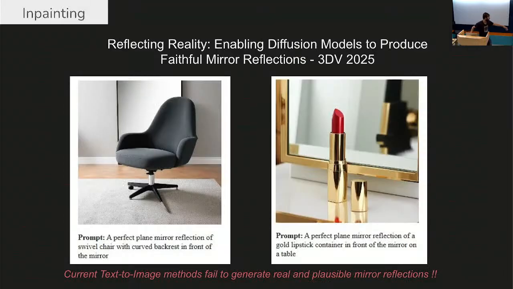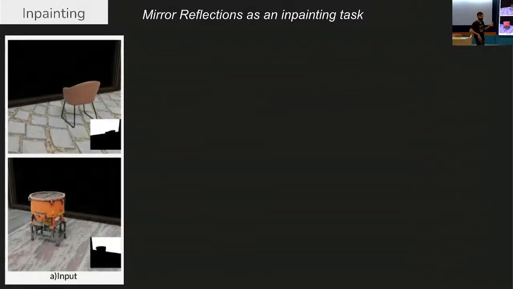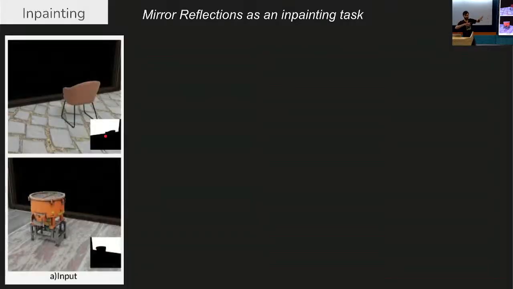Current text to image models fail to generate plausible reflections. Now, what we did in this work is formulate the reflection generation as an inpainting problem. So, what do we want to inpaint? We want to inpaint the mirror, and the mirror should generate the reflection of the object. This is the input image.